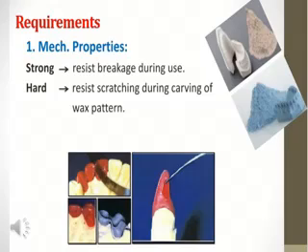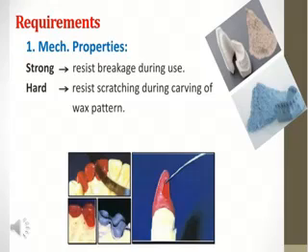Now, what are the ideal requirements of any material to be used for constructing models or dies? First of all, the mechanical properties. These materials, in order to be used for making a model or die, should be strong enough.